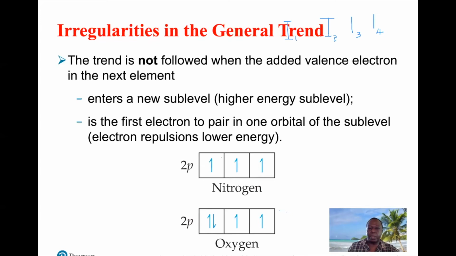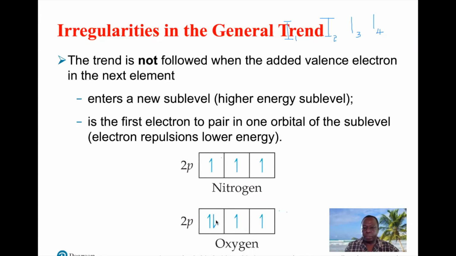So if you look at the p electrons in nitrogen, we don't show the core electrons here because it's the same. For oxygen, we start pairing them up when writing the electron configuration. Electrons are negatively charged and they tend to repel one another. Therefore, it lowers the energy.